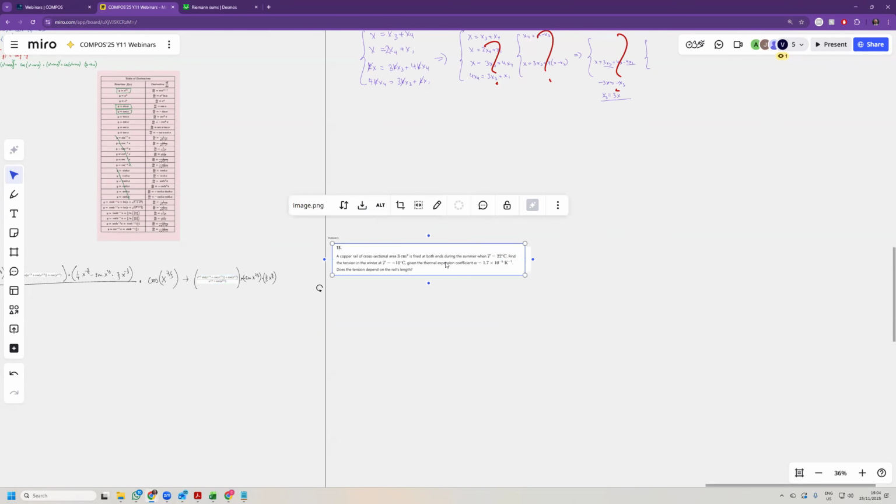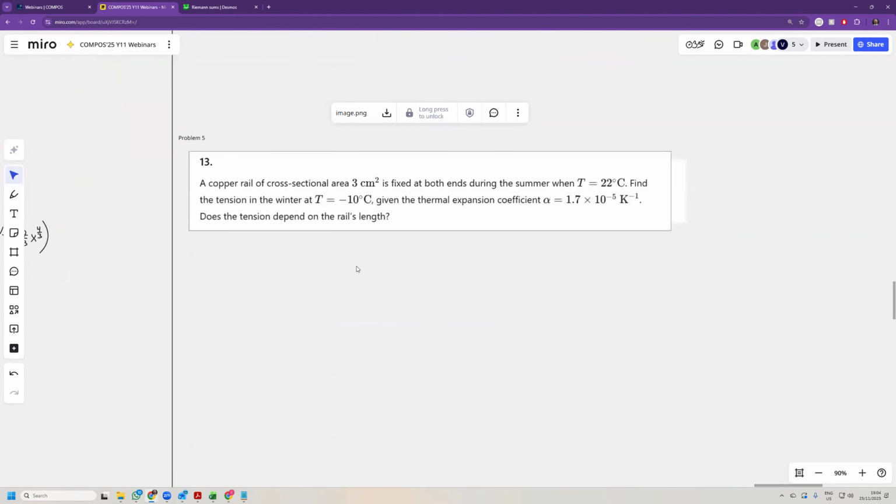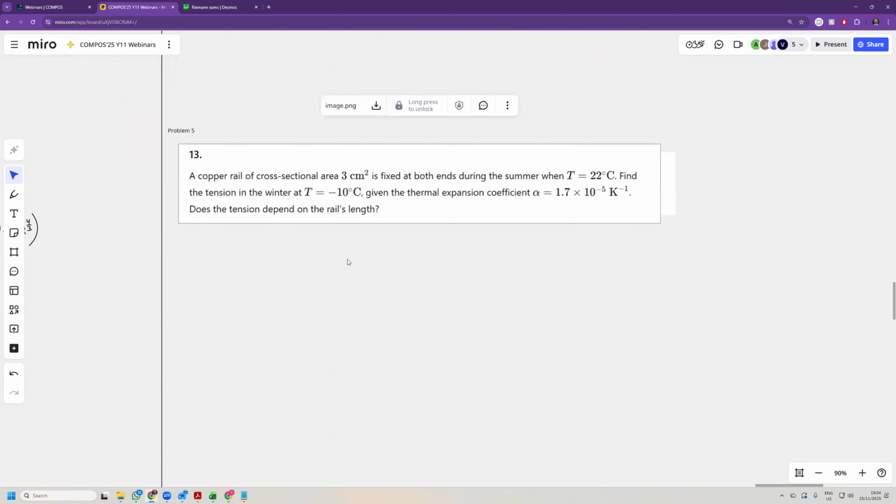It's quite an interesting question. Right, so we have a copper rail of cross-sectional area 3 centimeters. So it's very similar to one of the questions from the assignment.